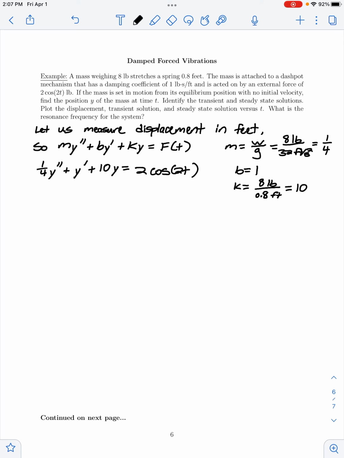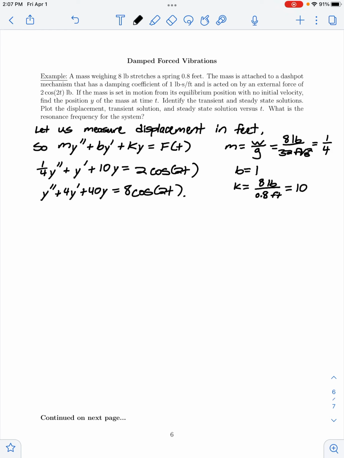Or putting this in standard form, if we multiply everything by 4, we have y double prime plus 4y prime plus 40y is equal to 8 cosine of 2t. And we had initial conditions, y prime and y at time 0 are both 0, since this mass was set in motion from its equilibrium position with no initial velocity.